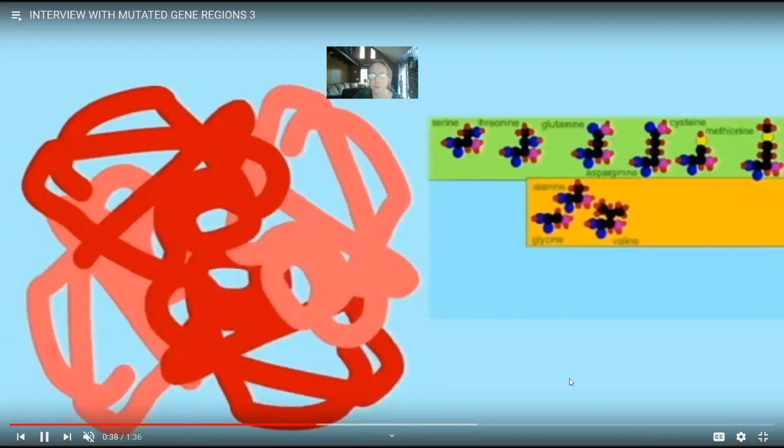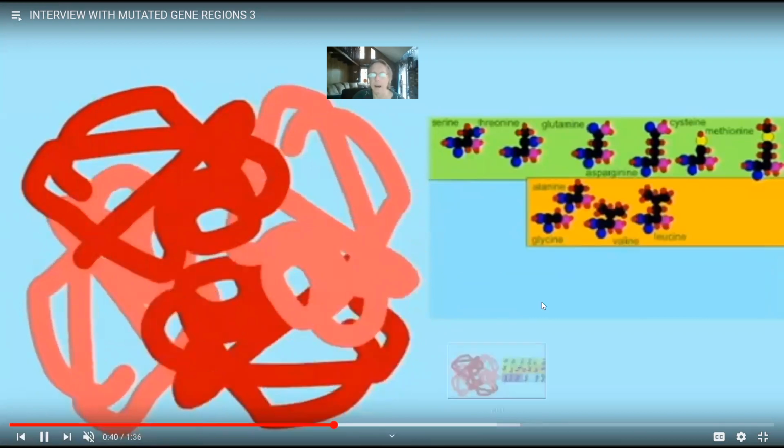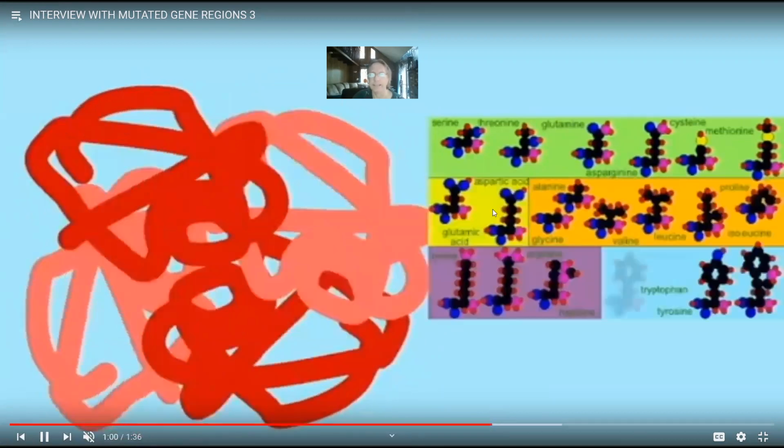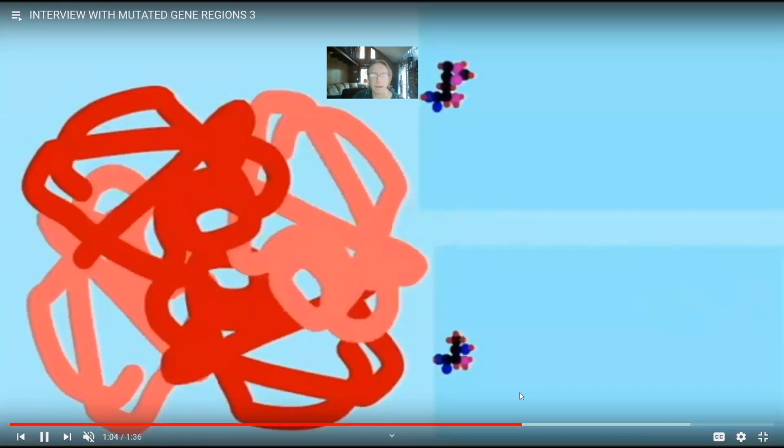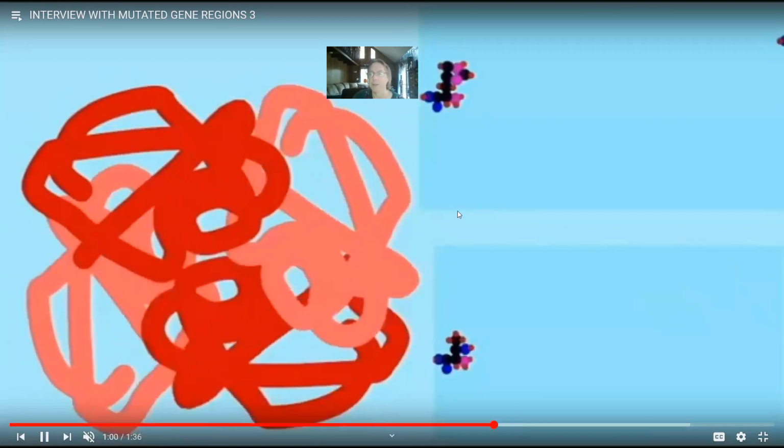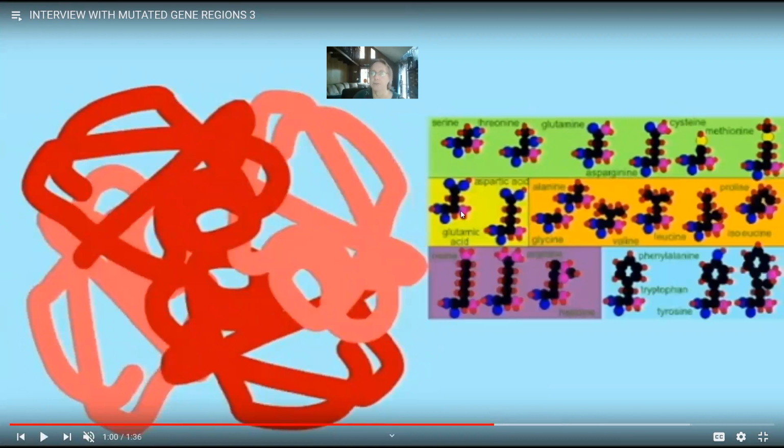So valine is nonpolar, while glutamic acid is obviously acidic. So changing one acidic amino acid for another would have a lesser effect potentially than changing an acidic amino acid for a valine.